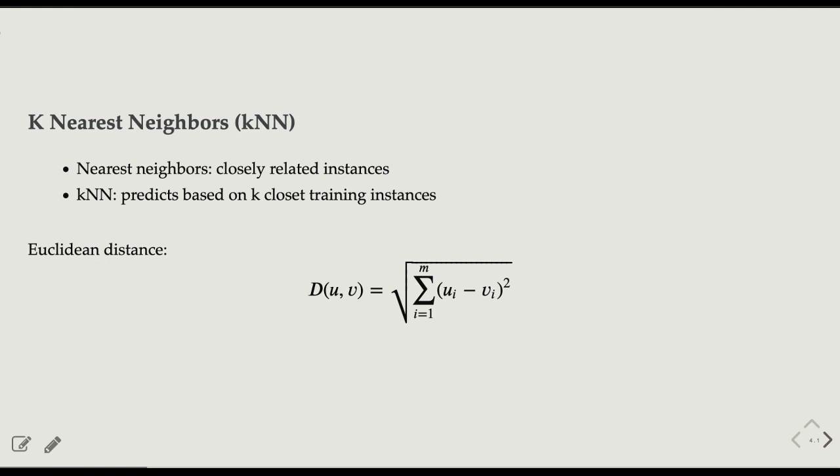Between data points U and V, the distance is simply the square root of the sum of squares of the differences on each individual dimension. Each dimension is about a variable or attribute. Depending on how many variables the data has, you have the number of dimensions, m. M here is the number of dimensions or variables that you have.